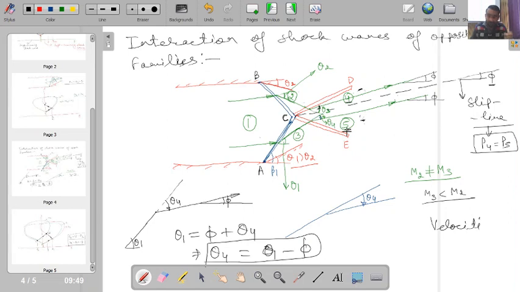Region 4 and region 5, I am marking this with a star, are important points. Velocities in regions 4 and 5, across the slip line, should be in the same direction.